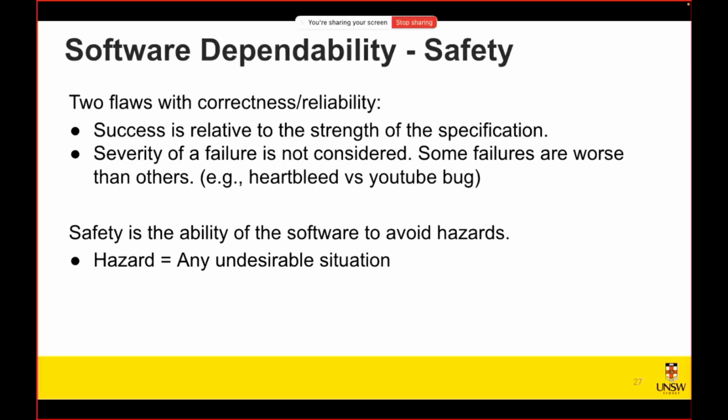We don't even cover some corner cases, and in that case, safety is not guaranteed even if the software is correct. So this undesirable situation is anything that shouldn't happen, anything that is not desired, regardless of the specification. For example, we don't want any software to crash, right? If you see a blue screen, if you see a crash, a stop of the software, then there must be something wrong, regardless of the specification.